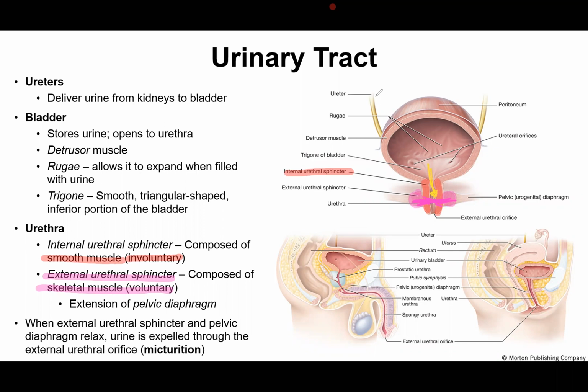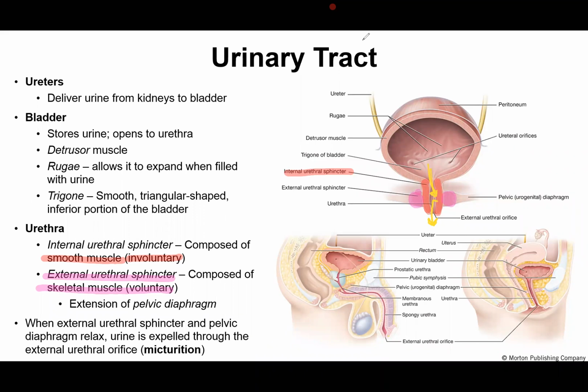When the external urethral sphincter and what's called our pelvic diaphragm relax, so if we are in a place that we can use the bathroom, then our external urethral sphincter is relaxed, our internal urethral sphincter is relaxed, and then urine is expelled through this external urethral orifice.